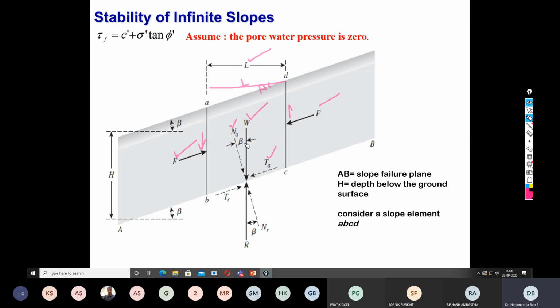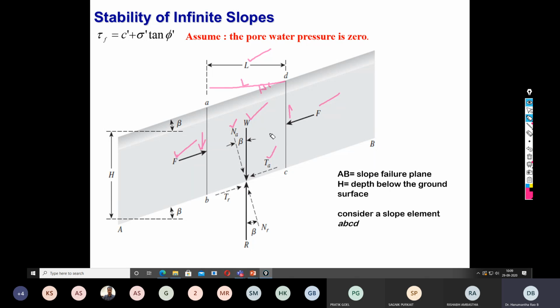The weight of the element is causing normal stress and shear stress with an inclination of beta, which equals the slope angle beta. So in fact, NA and TA are the components of W. This is exactly what you have done in your triaxial testing: you applied sigma 1 and sigma 3 and tried to determine NA and TA, the normal stress and the shear stress.